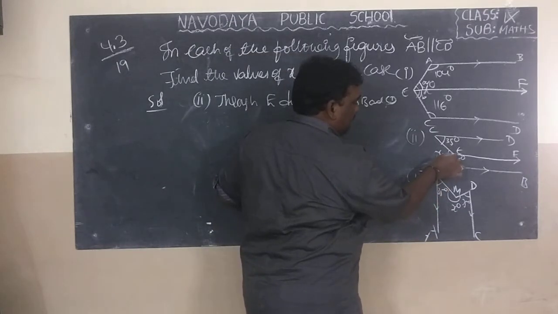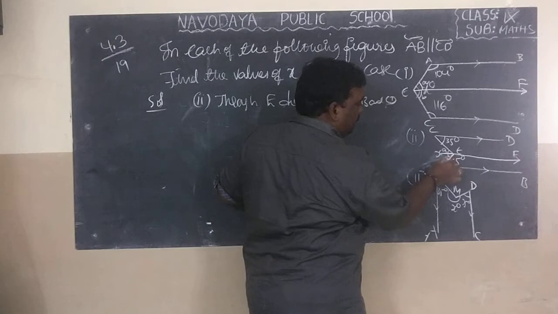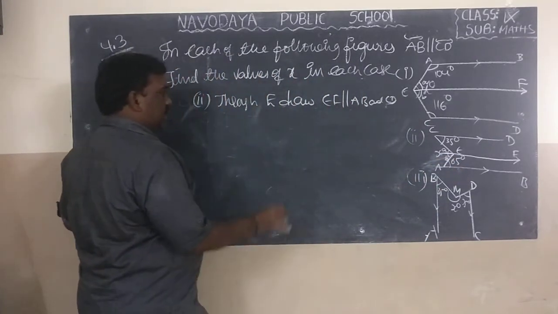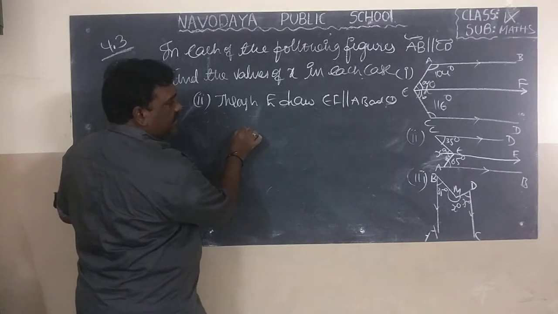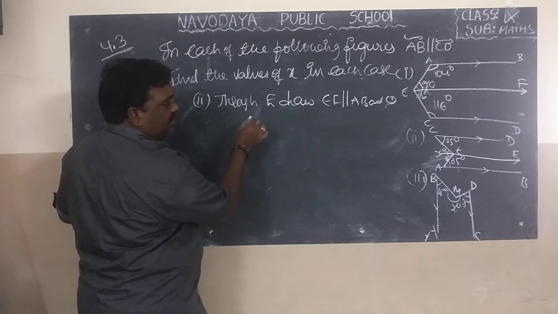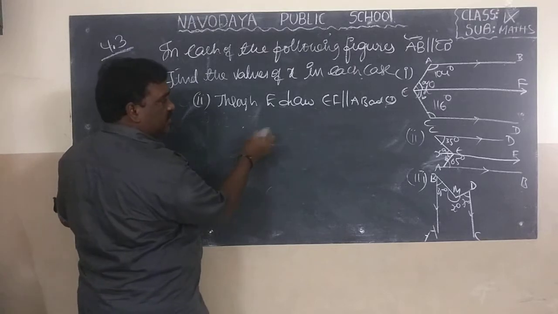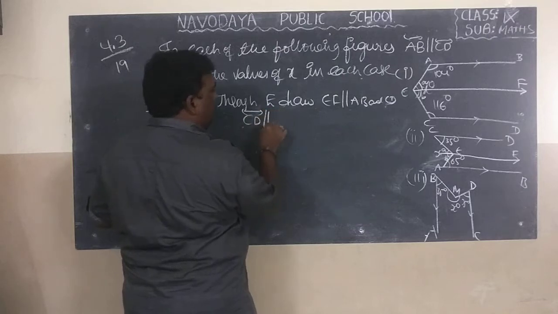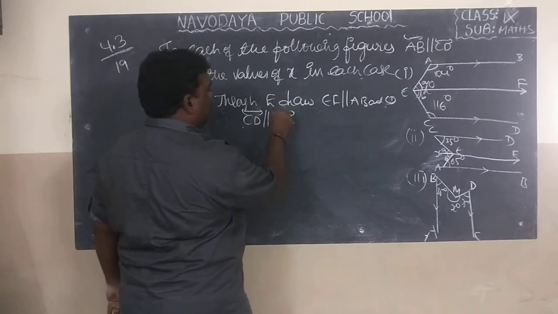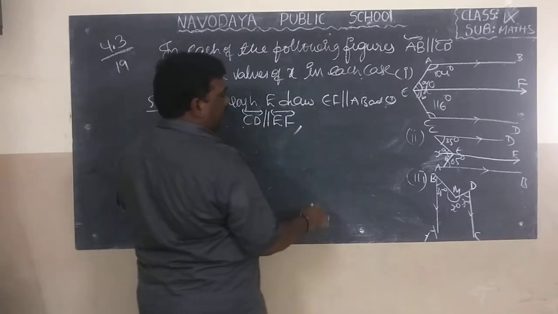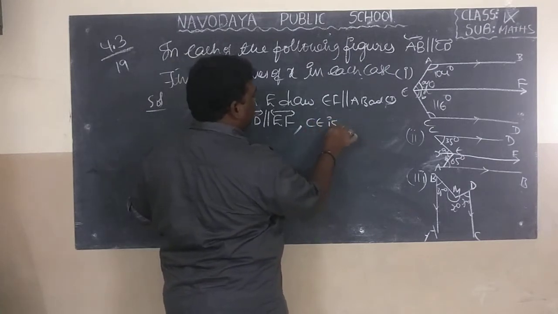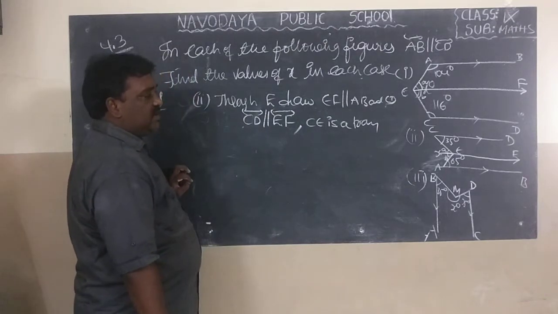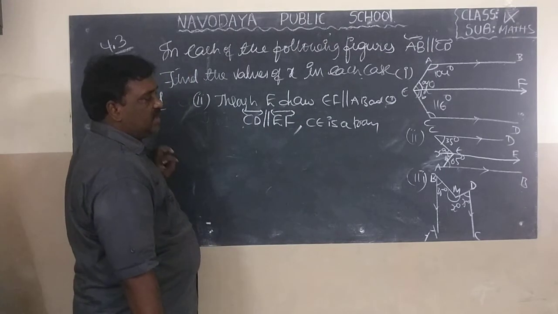It is this angle, the exterior angle. It is divided into two parts: small a, small b. Find a value and b value. See the diagram. CD parallel EF, comma CE is a transversal.